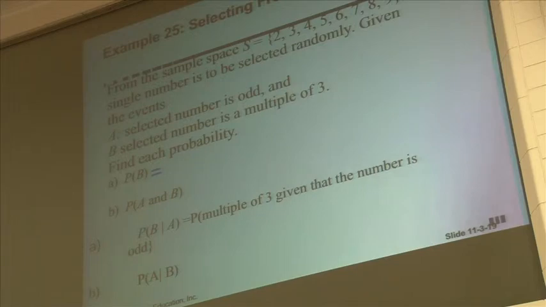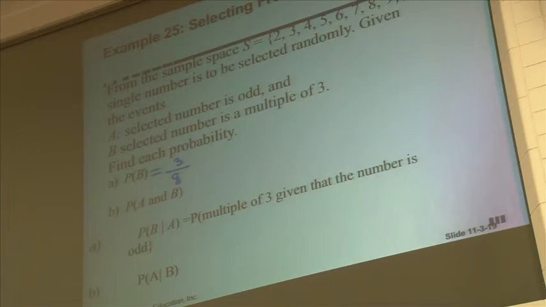Yep, there are 3 numbers that are multiples of 3: 3, 6, and 9. Paired against the size of that sample space, how many numbers are there? 8. There's 8, not 9. So 3 out of 8. It's not reduced.